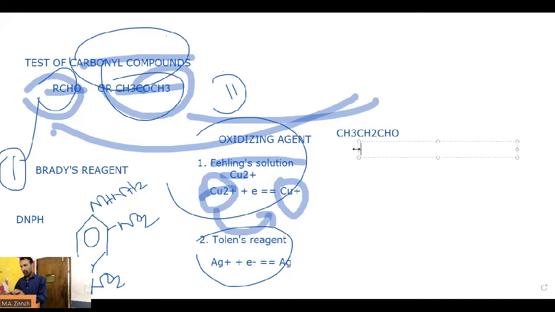Its name is, I write, propanal, not propanol. Okay. And here is another, CH3CHO. What should be its name? Ethanal. Very close, ethanal and propanal.